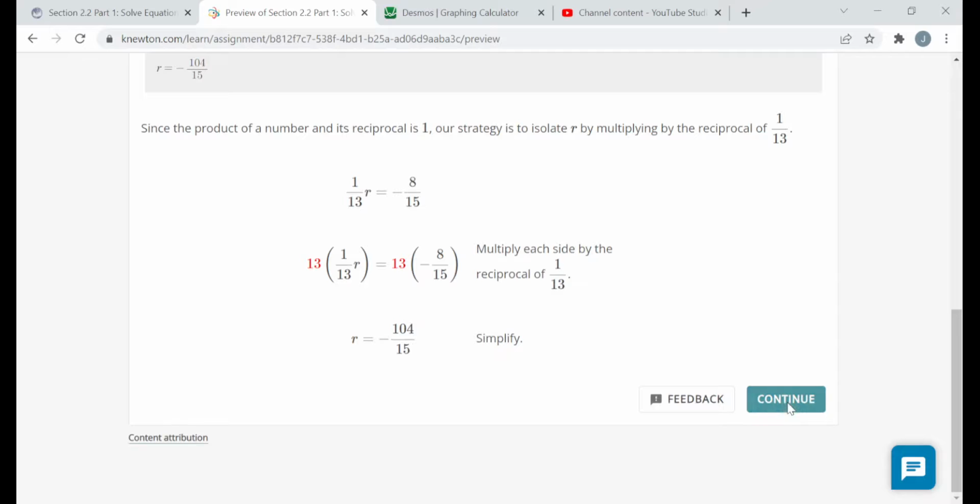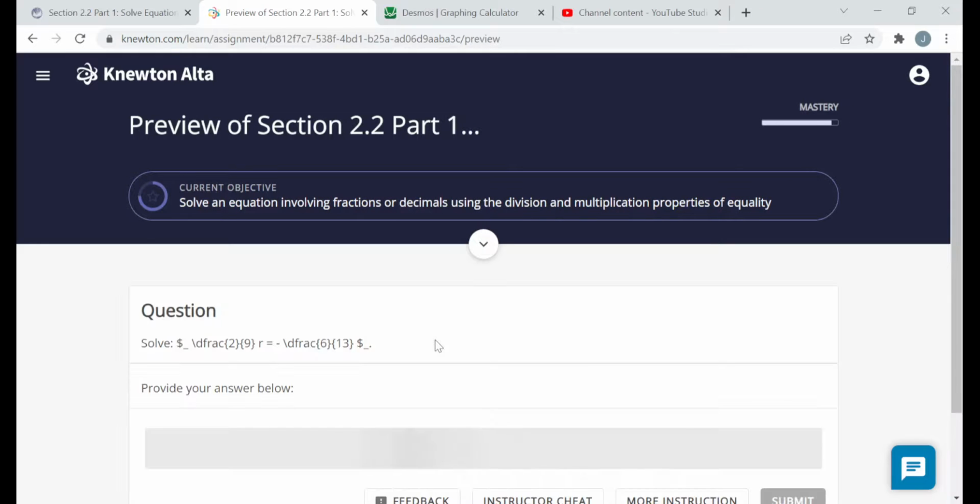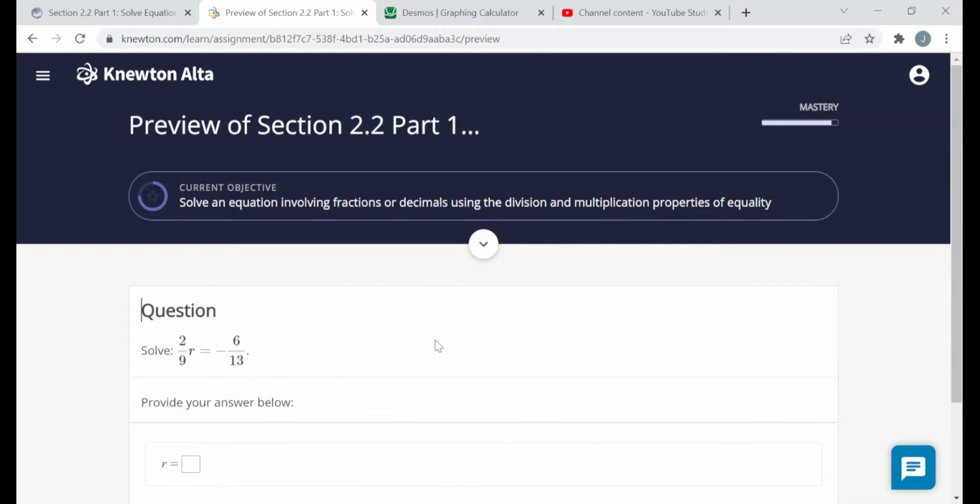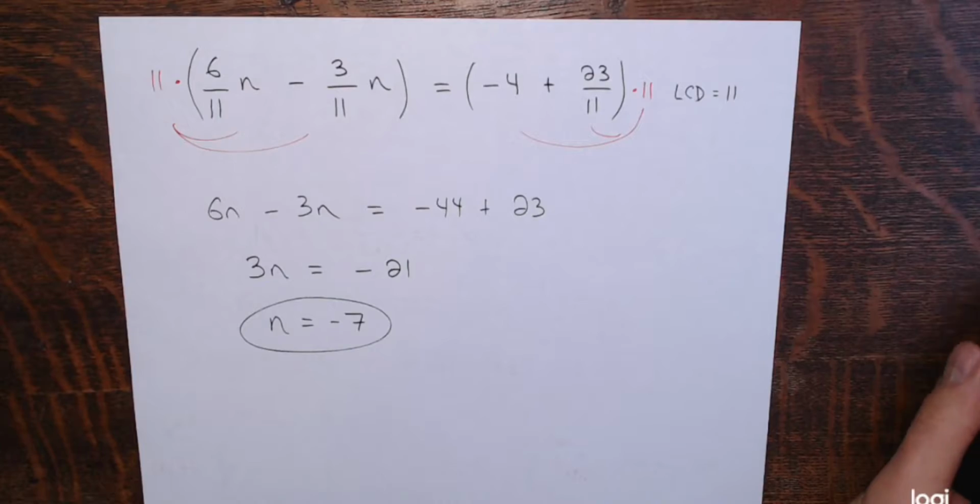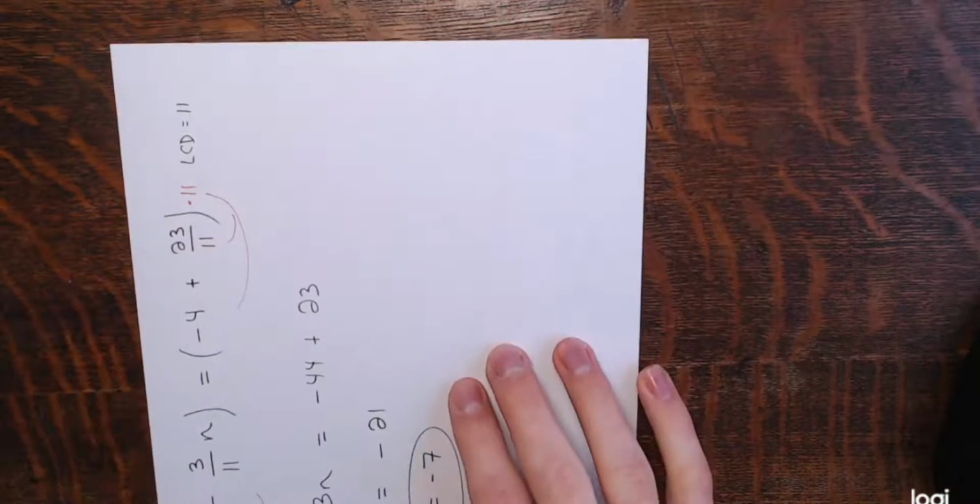Cool. Alright, then one final one of these. Alright, again, no decimals here. So I'll write this one out. There's not just a single number I'm multiplying by. I mean, there is, but it's a fraction. Alright, so let's just do it here. There's space here.